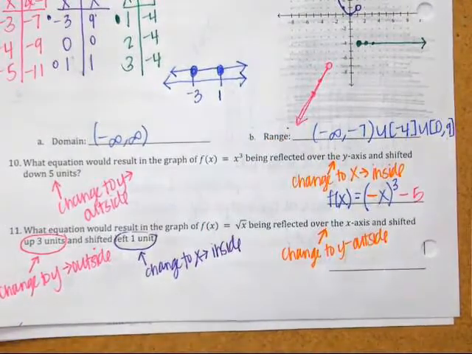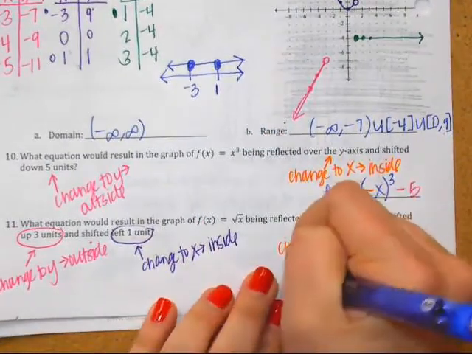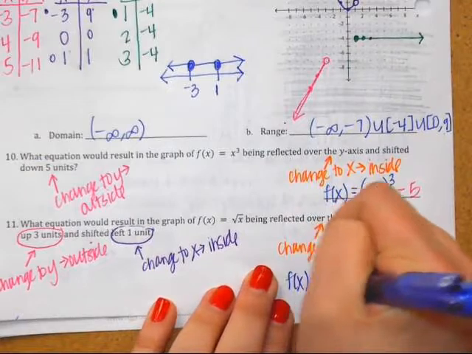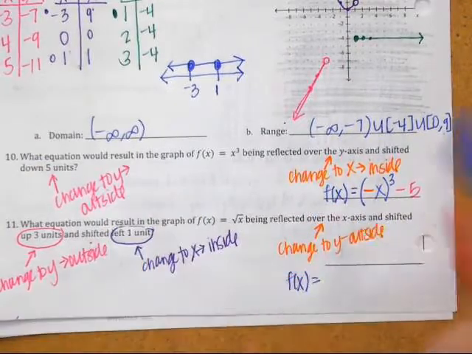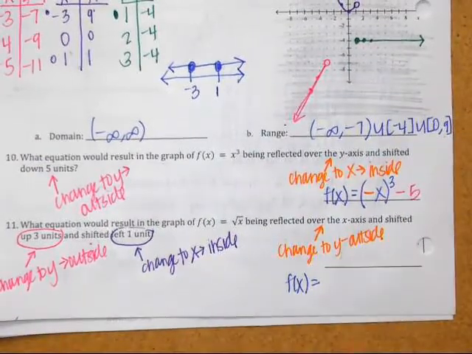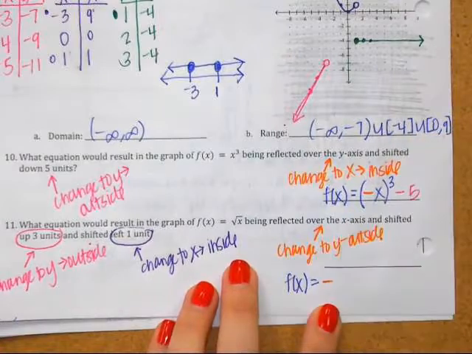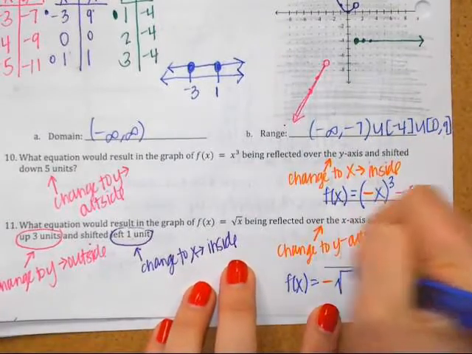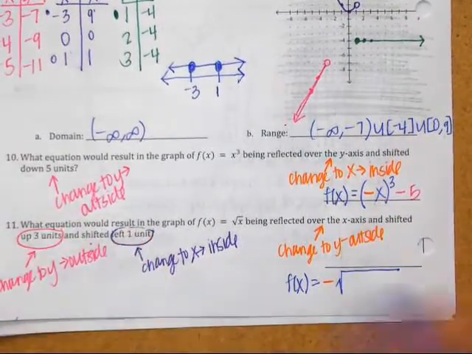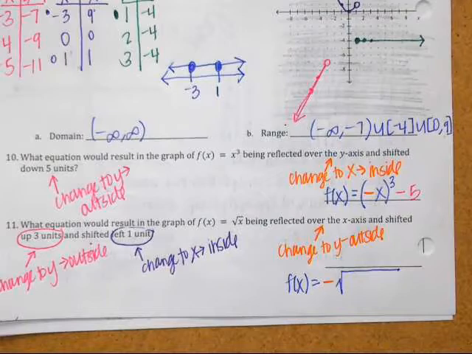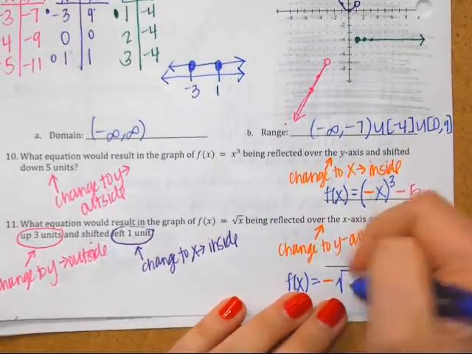So my parent function here, I'm just going to write it down here below. So the reflection is a negative, and because it's outside, we're going to put it outside the square root symbol. And then the left 1 is a change to the x. It's inside, whoa, my pens are getting wild.